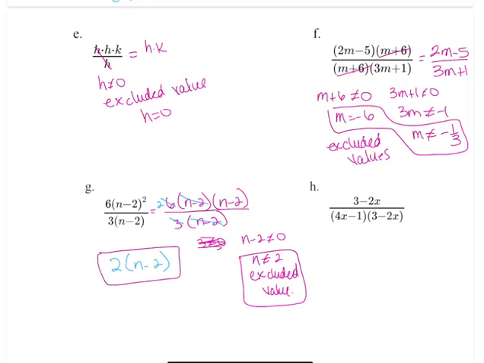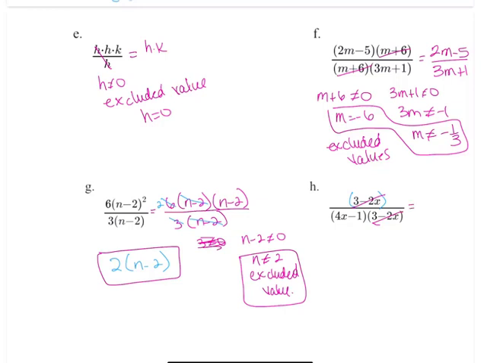And then the last one, H. Again on H, that whole top part is a factor. Factors are what we're multiplying, so we can throw that whole entire thing in parentheses if you would like. You're going to look at your numerator and denominator and see if there's any factors that match up perfectly. And I have a 3 minus 2x and a 3 minus 2x in the numerator and denominator, so that's going to divide out to be 1.